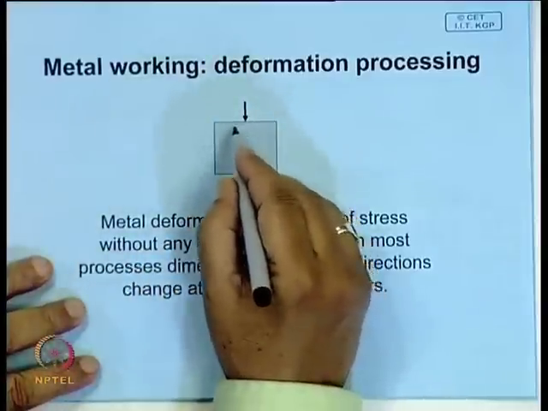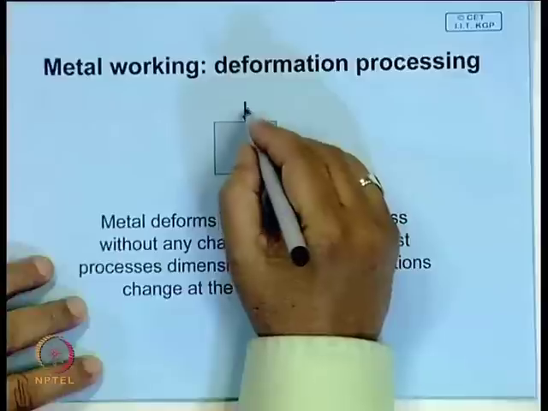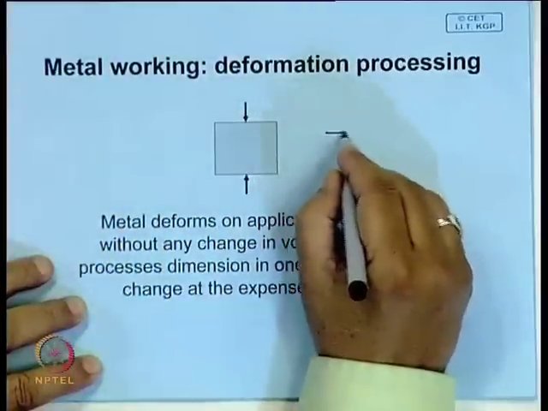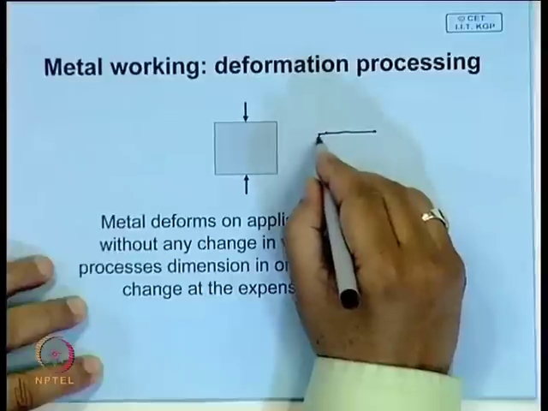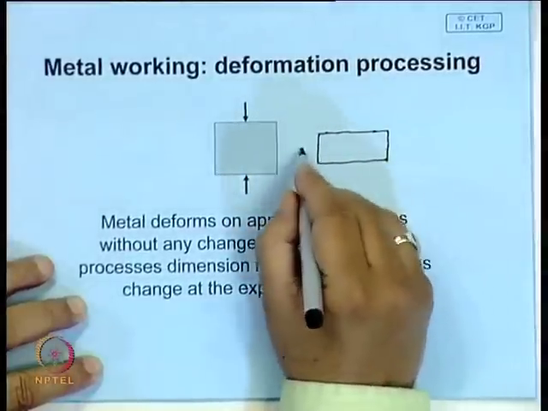For example, in this particular case, if you apply compressive stress like this, its thickness will decrease and it will increase in this particular direction.